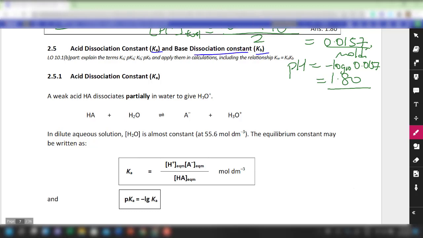Actually it's a little bit weird to say base dissociation constant, because the base actually does not dissociate. I mean, a weak base doesn't dissociate, a weak base ionizes. The reason is that weak bases are largely in molecular form.